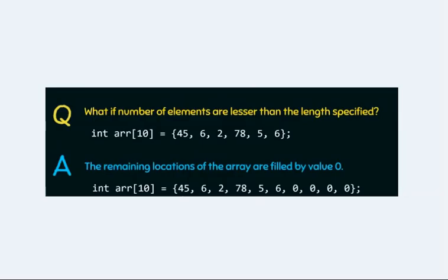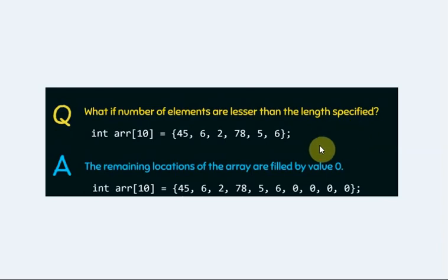Right. What if the number of elements is less than the length specified? Now here the length is 10, but you are placing only these values. What will happen? The rest will all be 0, right? This is valid. After you place all this, the balance will be 0. It will anyhow take the length 10, no?